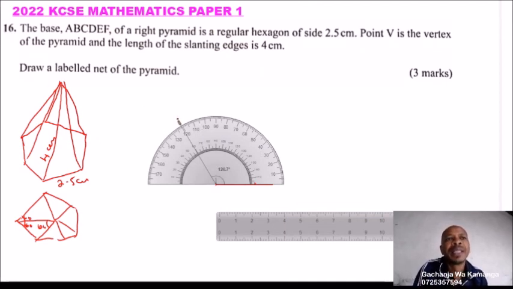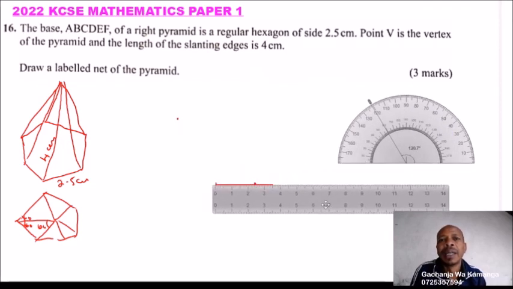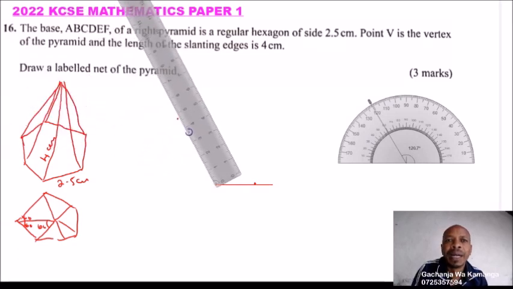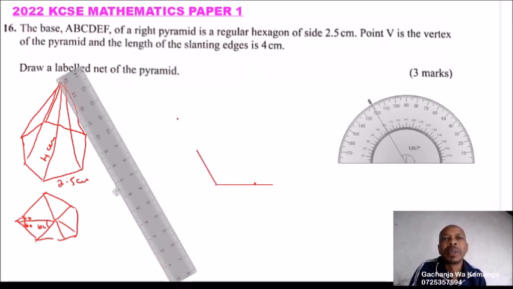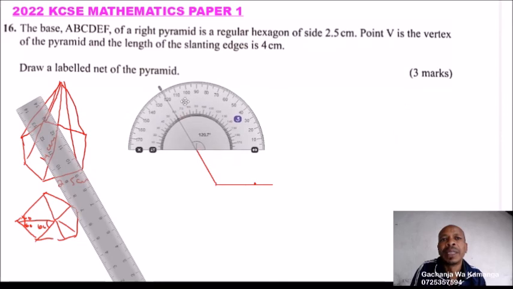So with that, we can now use a ruler and draw our line, which is 2.5. So this is where we come and draw our line up to there. Again, we take a protractor and we measure an angle of 120.